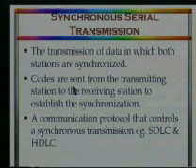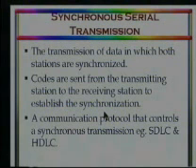Now let us talk about synchronous serial transmission. One of the important characteristics is that it is a transmission of data in which both stations are synchronized. Number one, codes are sent from the transmitting station to the receiving station to establish the synchronization. When we examine the data link layer, we have certain encoding techniques, Manchester encoding and differential Manchester encoding.